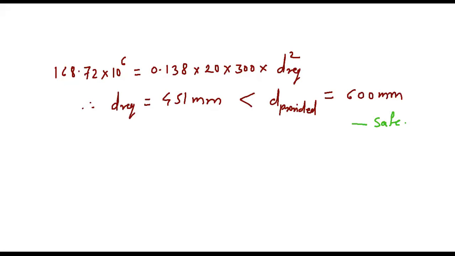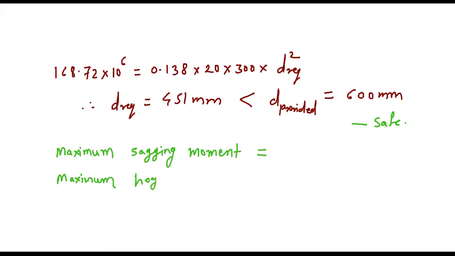So now after checking the depth, we are going to calculate the steel. What is our maximum positive moment and maximum negative moment? I will call it the maximum sagging moment, that is the maximum positive moment, and the maximum hogging moment.